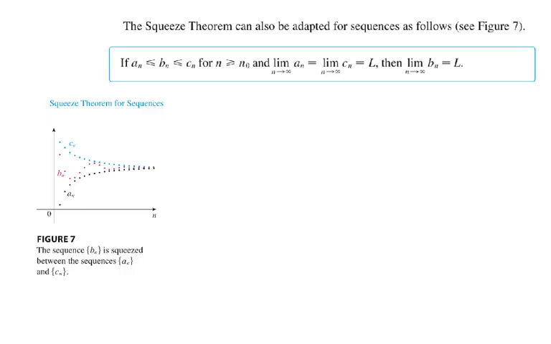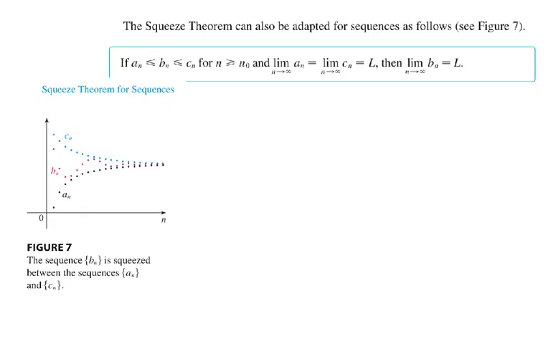So if b sub n is between a sub n and c sub n, the pink one in the figure, for all n greater than n sub 0, and if the limit as n approaches infinity of a sub n equals the limit as n approaches infinity of c sub n, which equals L, then the limit of b sub n also equals L. So if the limit of the bottom set of numbers is equal to the limit of the blue set of numbers, then the limit of the red ones in the middle is the same as well, by the squeeze theorem. That comes in handy sometimes.